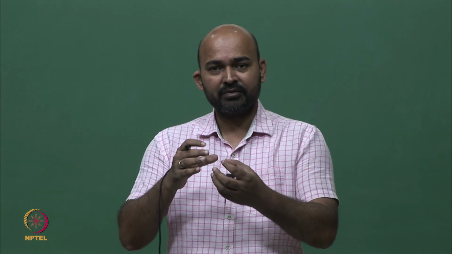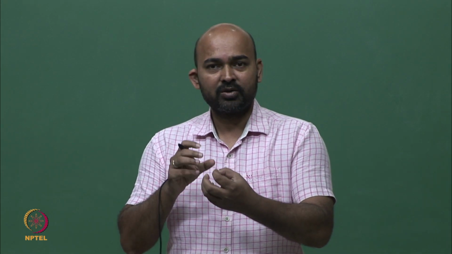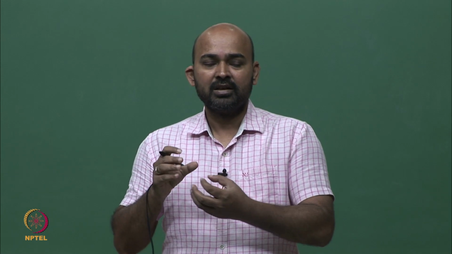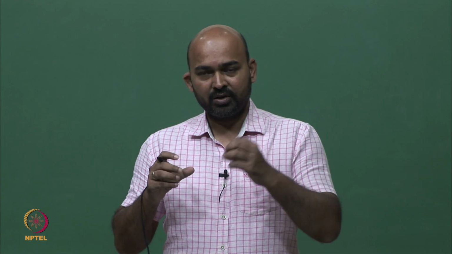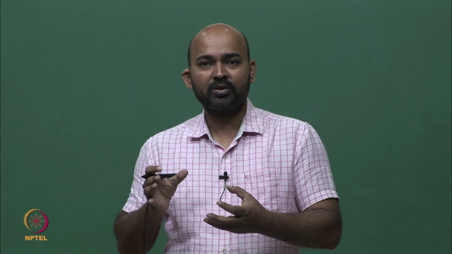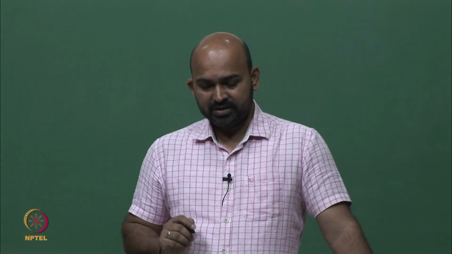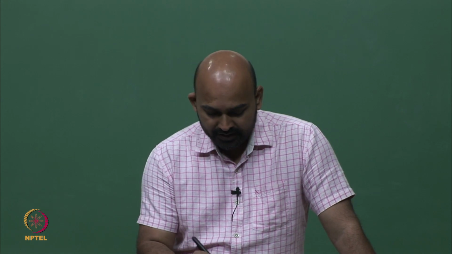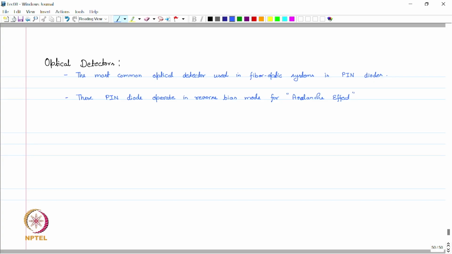Suddenly we see so many electron hole pairs generated in the device. So, a single photon knocks one electron hole pair but eventually generates so many, and that is called the avalanche effect. So, all these PIN diodes work on the avalanche effect to generate electrical charges.